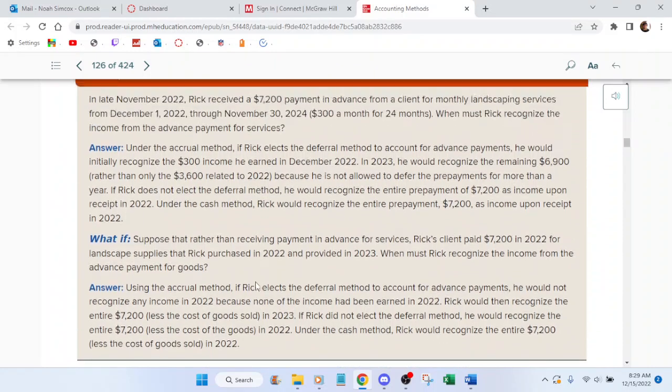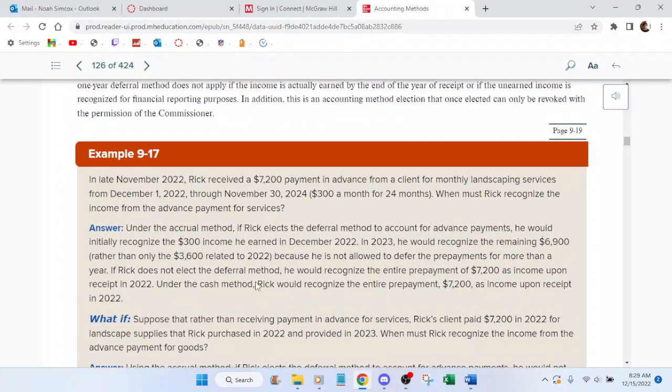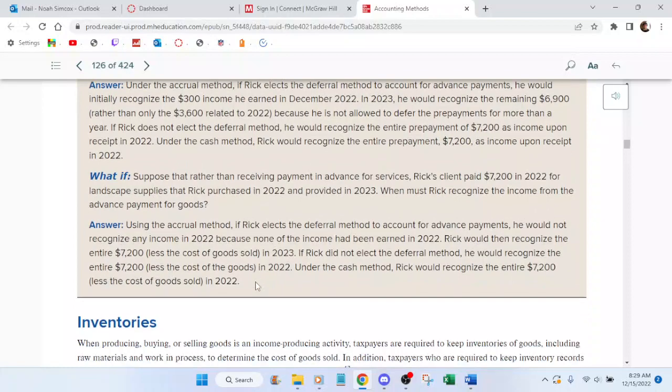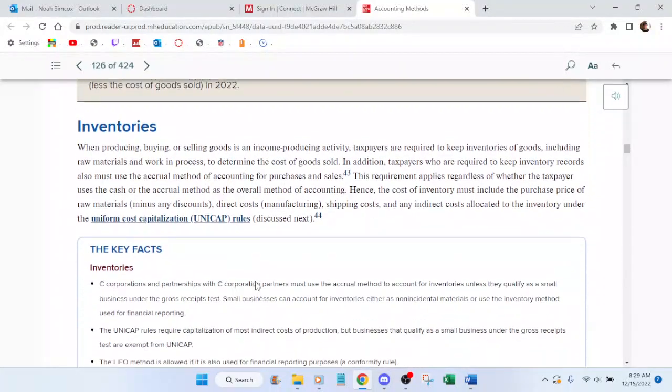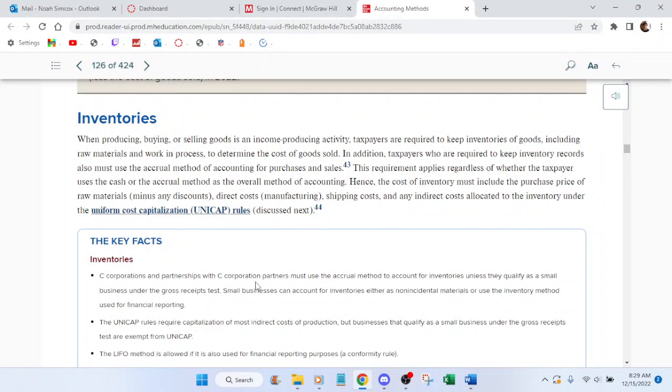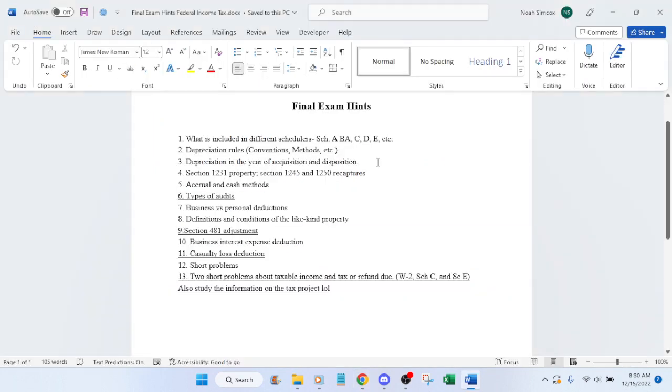Yay! I got all the example questions correct without reading the answers. Oh no. We're not even close to the end of the section though, because the study guide just says accrual and cash methods.